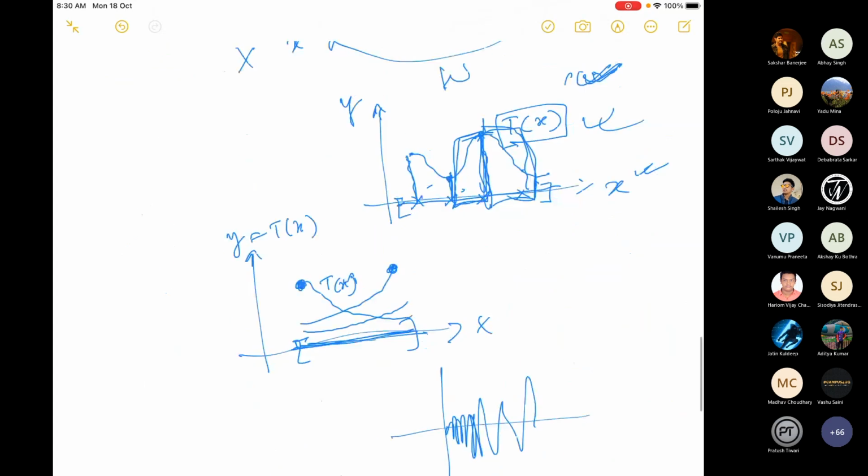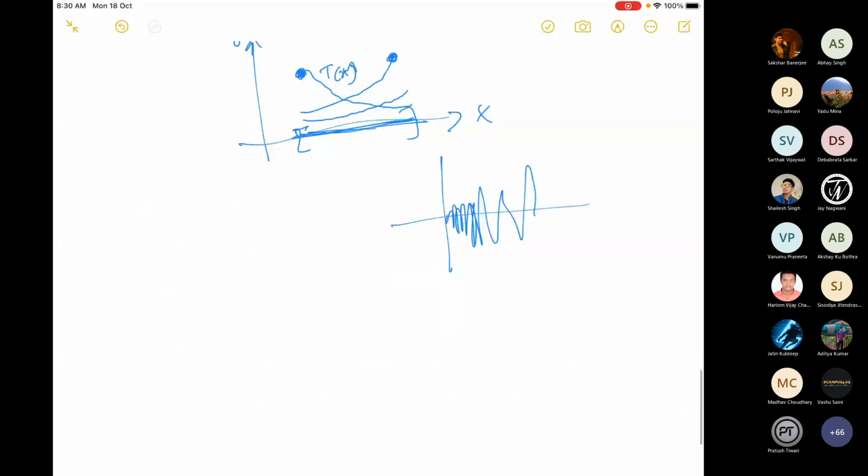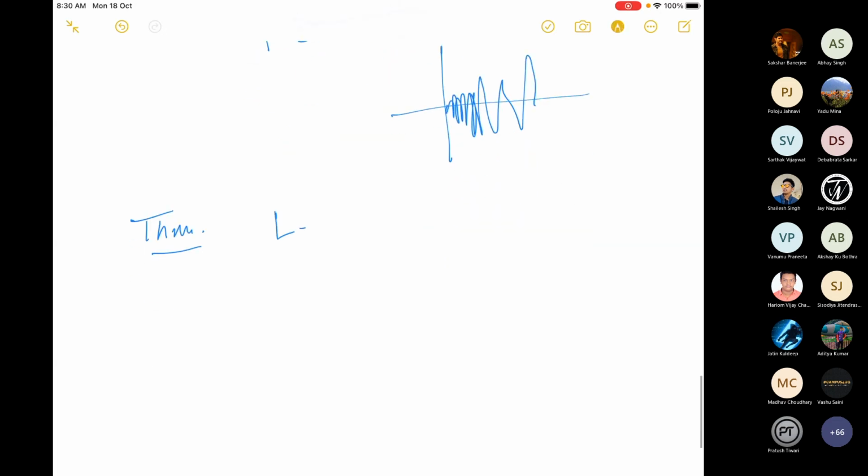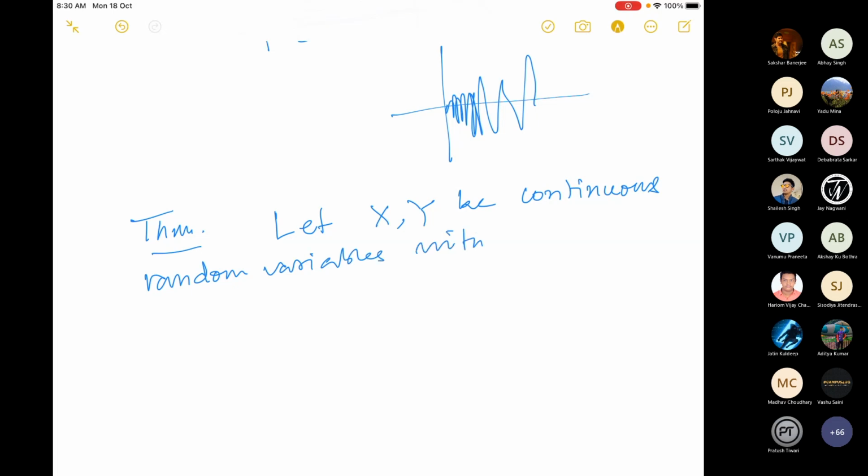So now I'll just state the theorem for a function of a pair of random variables. Let us assume here also that X, Y are continuous random variables with the joint PDF f of x y.